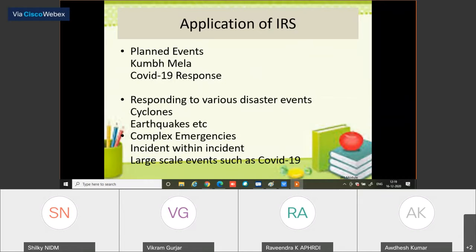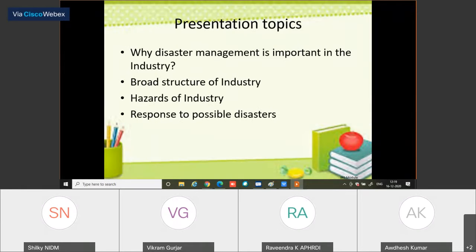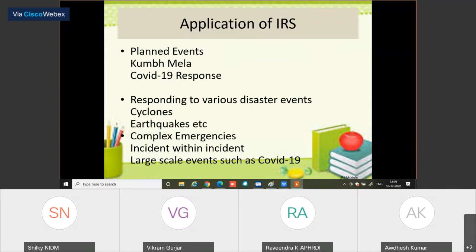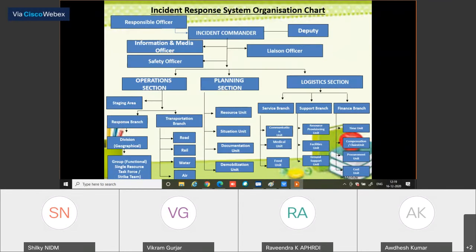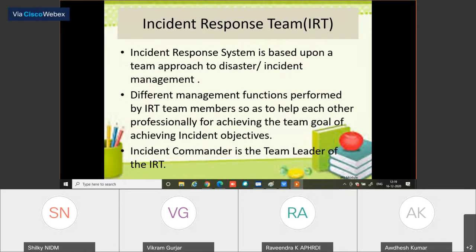If we talk about flexibility, then flexibility is very much important, because, as I've said, we can have an organizational chart for big or small units. Even if we talk about the IRTs, we can have IRTs for small incidents, and if required, we can have IRTs for big incidents. If we talk about small incidents, we can just have an incident commander.